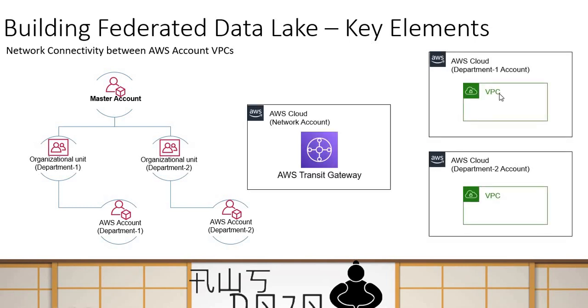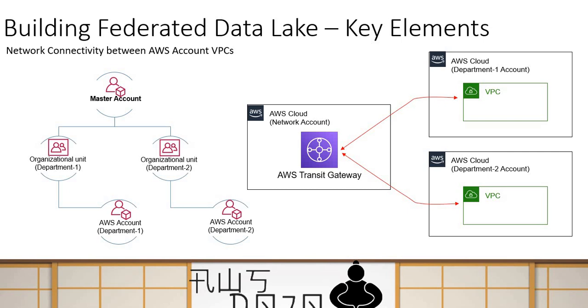So for instance, here I have my AWS account for department 1 and AWS account for department 2. Both have their own VPCs, and these VPCs need network connectivity between them. You can use many methods, but generally, if you're using the latest AWS offerings, you might want to set up a network account.